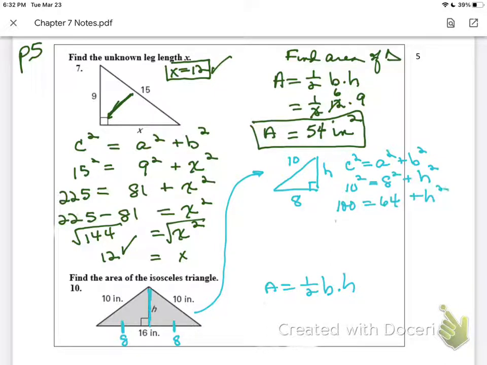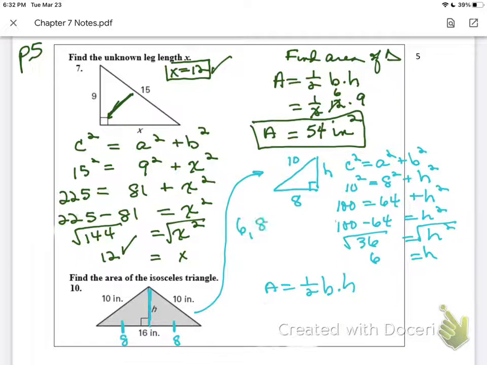This is h squared. So 100 minus 64 equals h squared. That is 36. That equals h squared. Square root, square root. The square root of 36 is 6. That's my height.